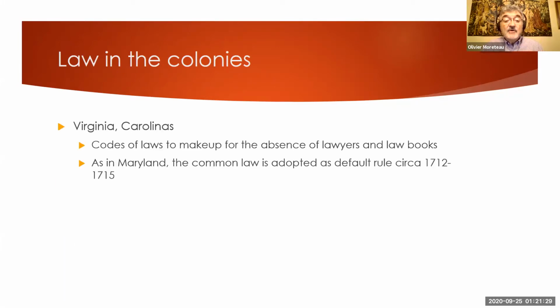Let us now talk about the southern colonies, Virginia and the Carolinas. They had passed codes of law to make up for the absence of lawyers and law books. Now, it is an interesting phenomenon.